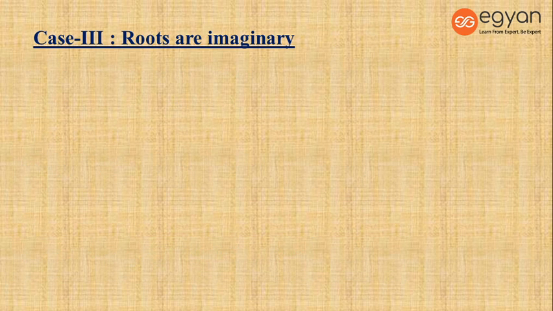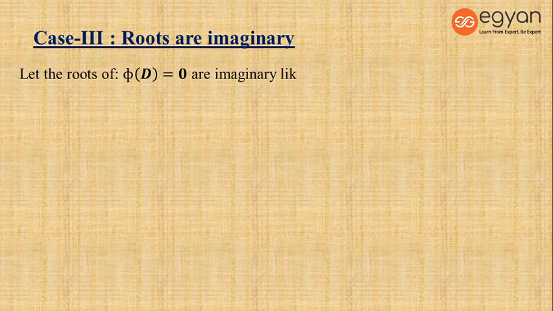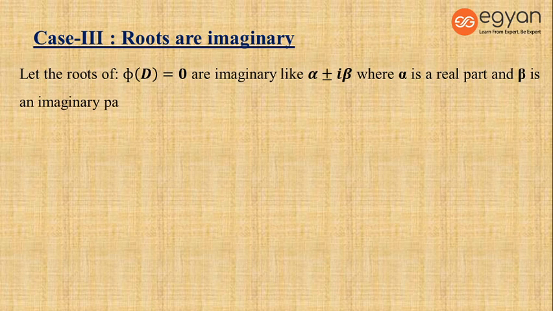Now next is case number 3, when roots are imaginary. Suppose the roots of the auxiliary equation phi of D equal to 0 are imaginary, like alpha plus or minus i beta, where alpha is the real part and beta is the imaginary part.